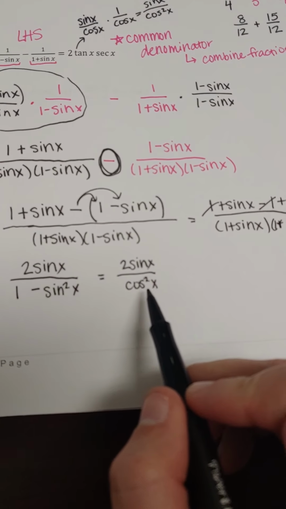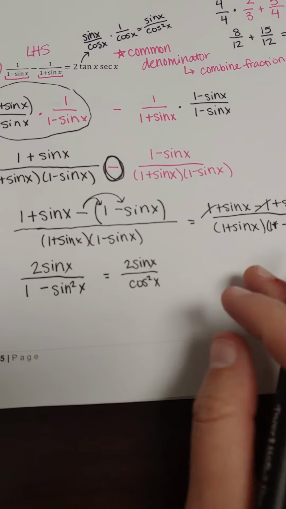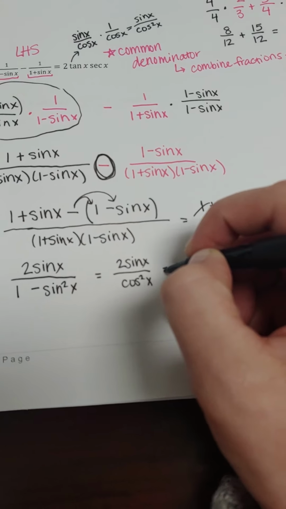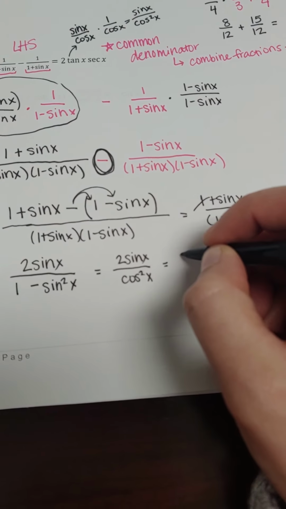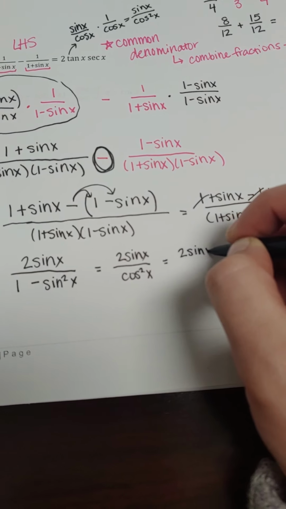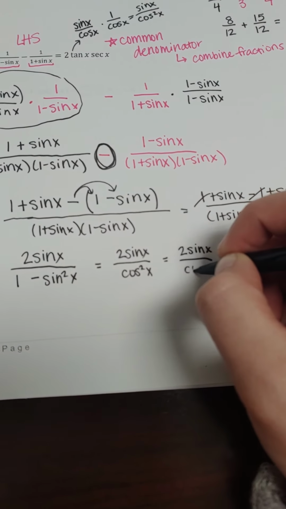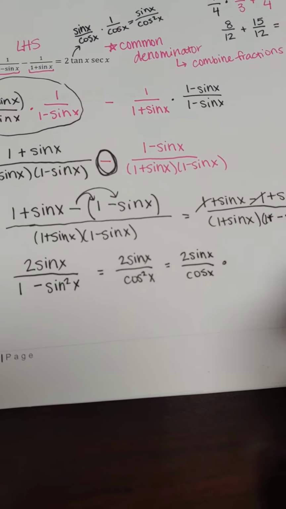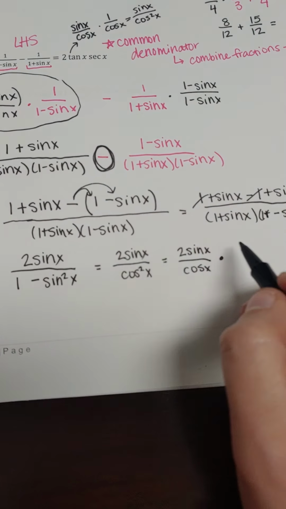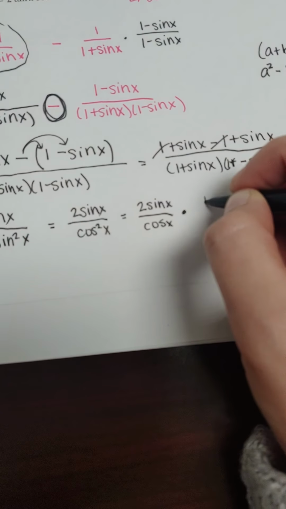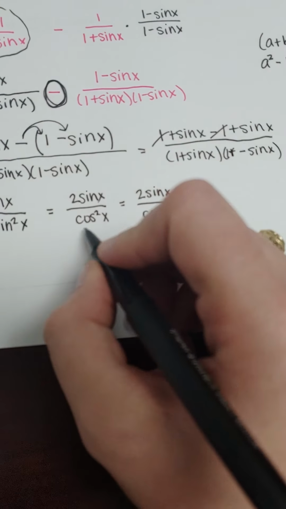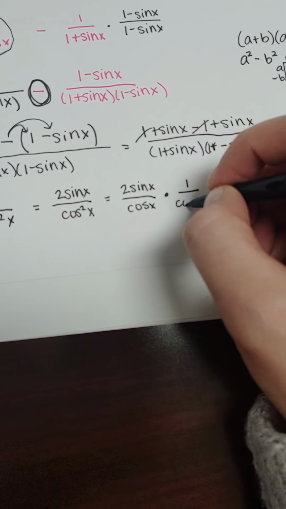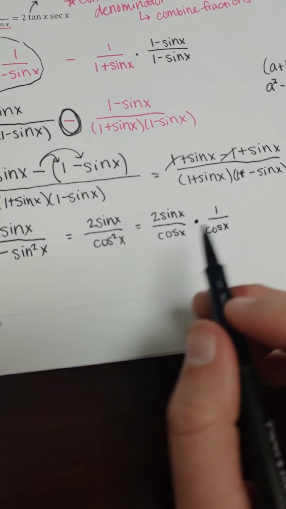So if I have a cosine squared, just like on a previous example, how I can split up if you're multiplying, I'm actually going to rewrite this as 2 sine x over one of the cosines multiplied by, I still want to keep the same numerator, so 2 sine x times 1 over, but I have 1 cosine x times another cosine x will actually give me cosine squared.